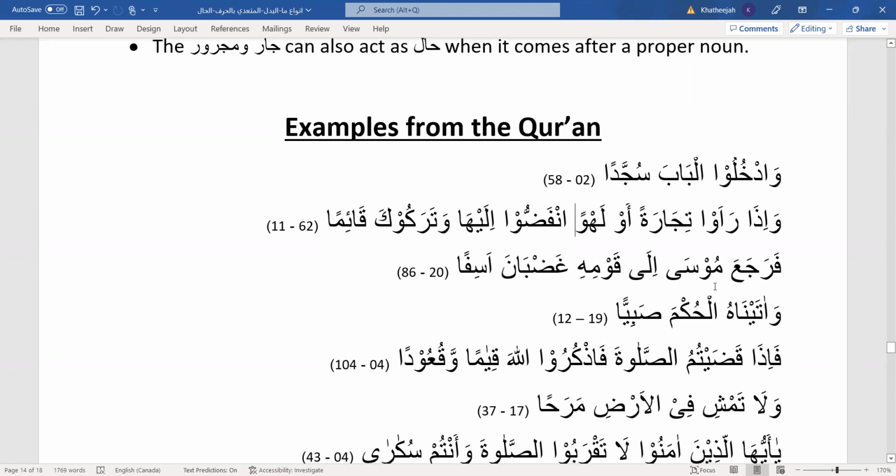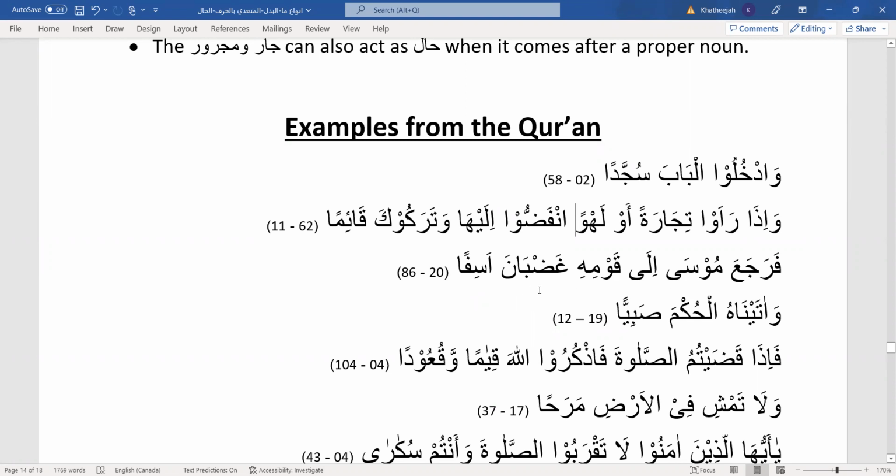In the third example, فرجع موسى إلى قومه غضبان أسفا. Then Musa returned towards his people extremely angry, asifan, grieving. So Ghadban is ismul mubalagha and asifan is ismul sifa. So these two words are used to describe the state of Musa alayhi salam. So they are hal.